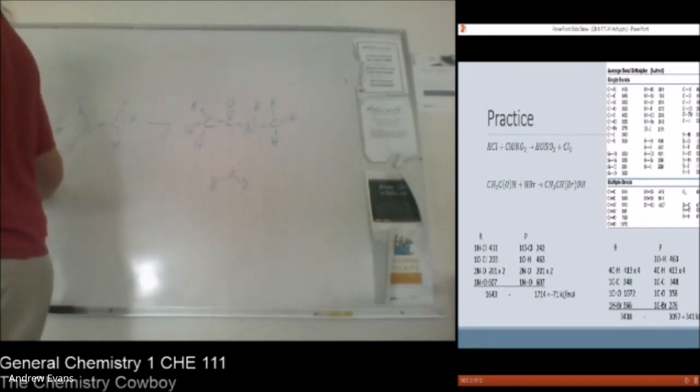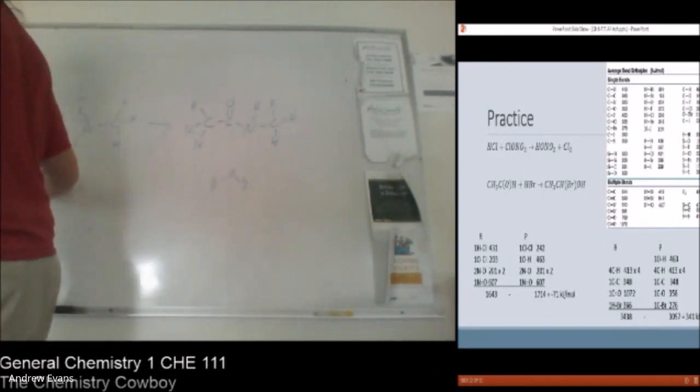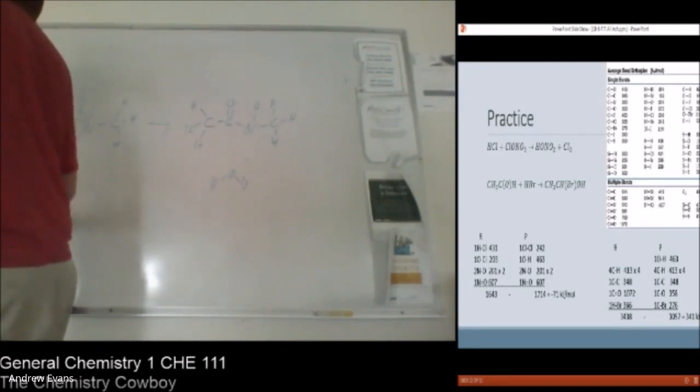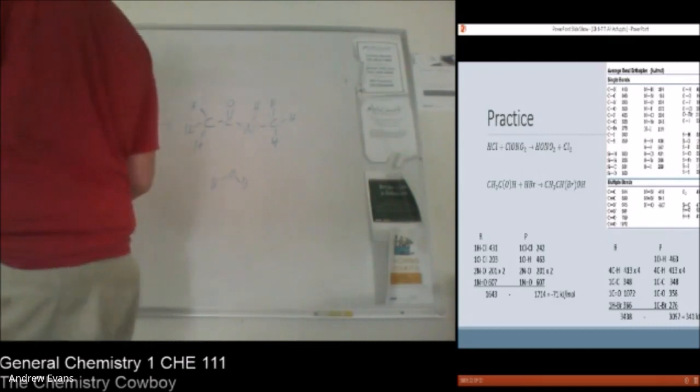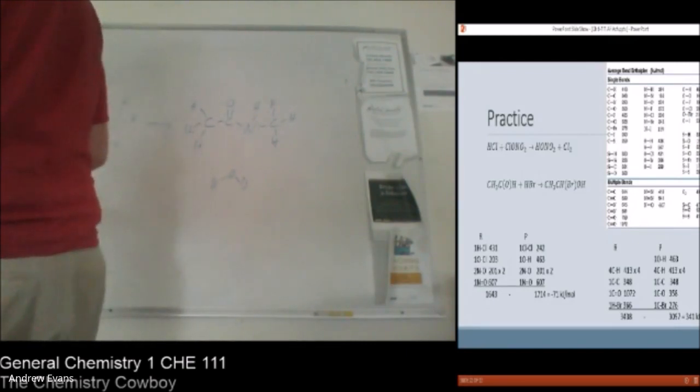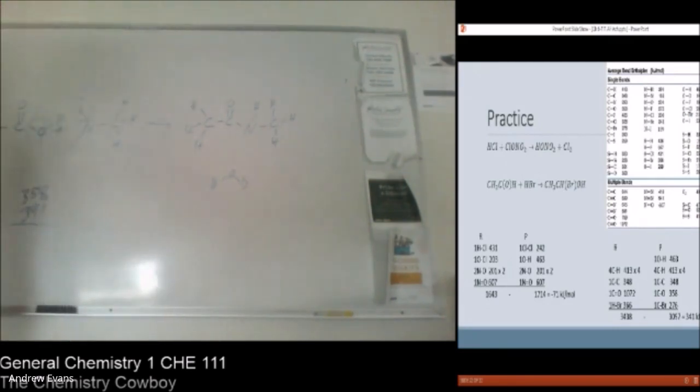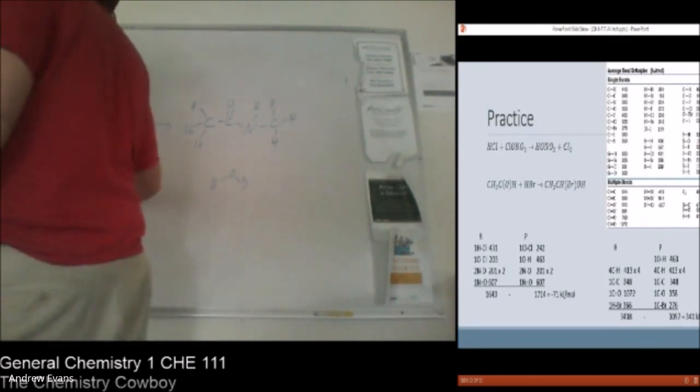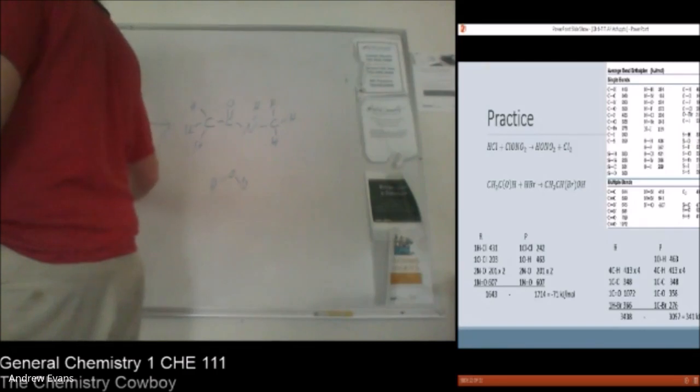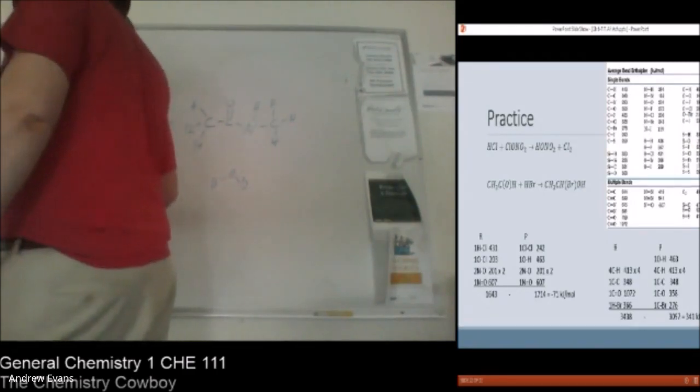CO is 358. NH is 391. That's for the left side. On the right side, we're making a CN bond, which is 293. And we're making another OH, which is 463.